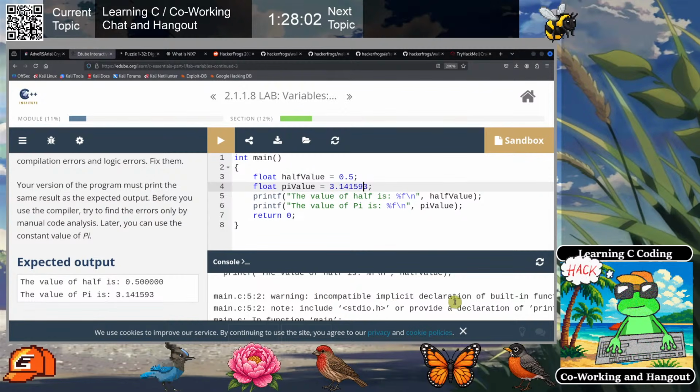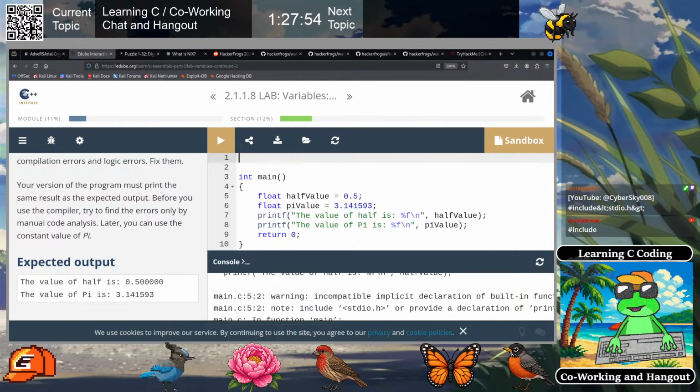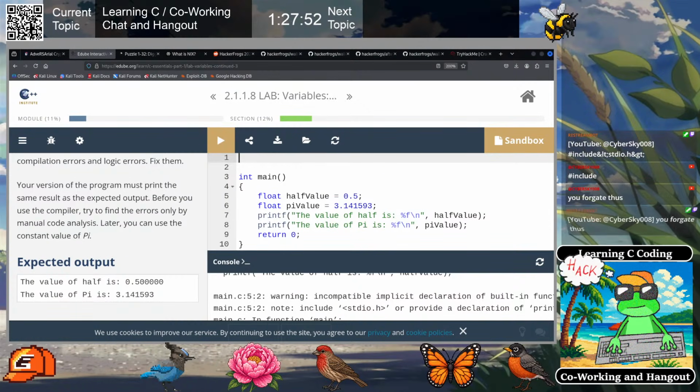Incompatible implicit declaration of built-in function. Oh, we're missing the header. There's no standard IO, so we need to include stdio.h. That's interesting. I just kind of assumed it in all the previous examples.